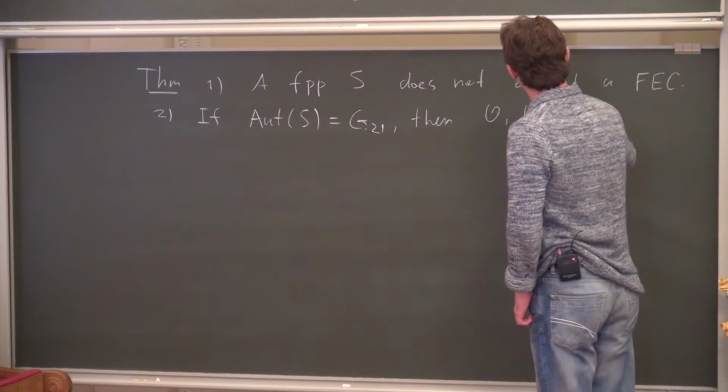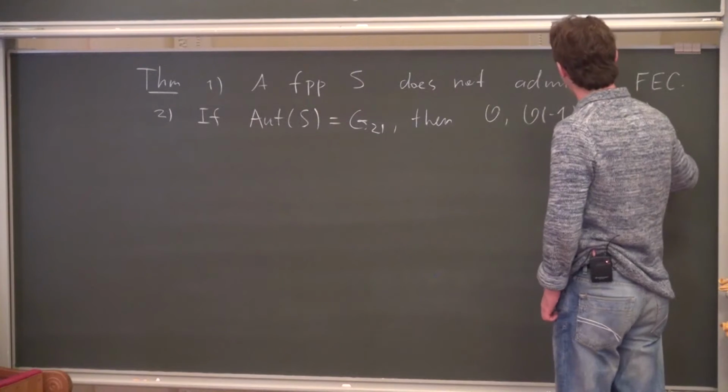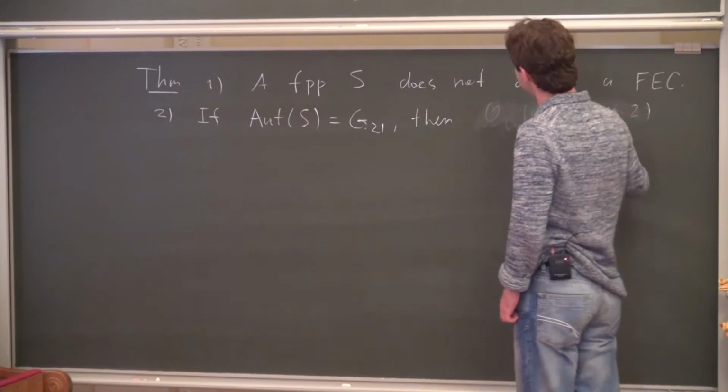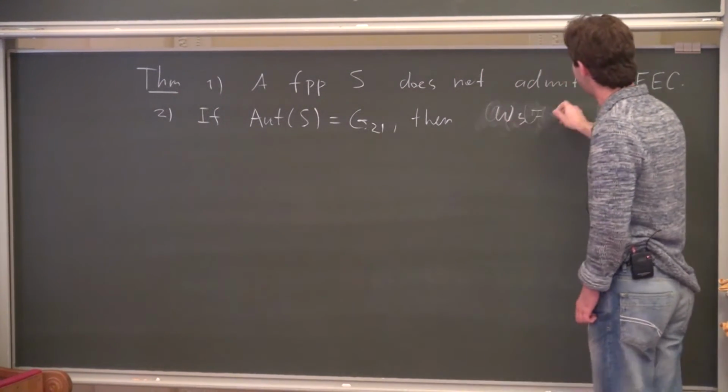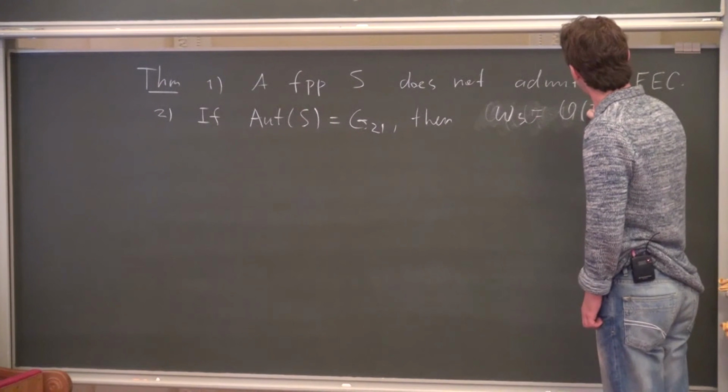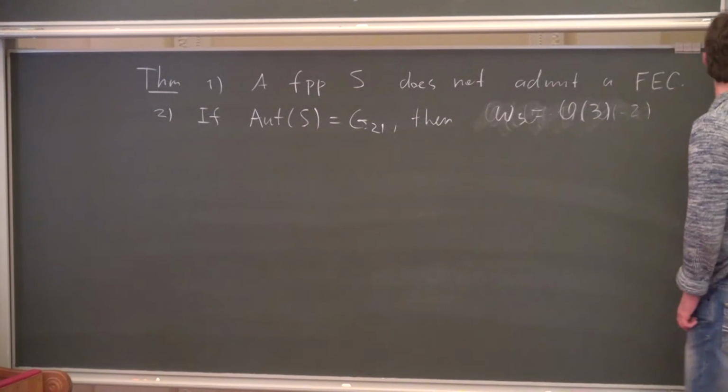O(-1), O(-2), sorry. First, omega S is divisible by 3, so it has index 3, so we are in this case.